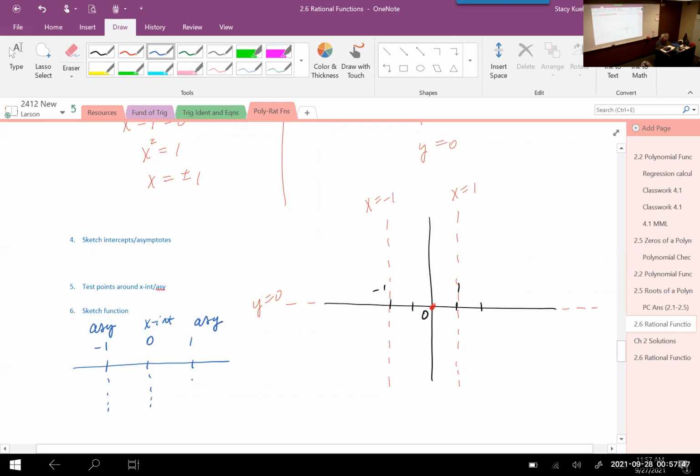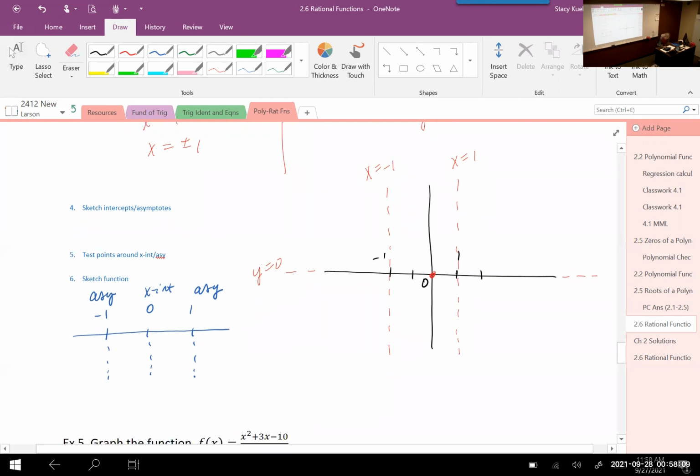And I want to know what's happening to the function right around these key points. It's not touching those points, but I want to know, is the function below the x-axis? Is the function negative? Is the function positive? That helps me graph it, even though I can throw it in the calculator.